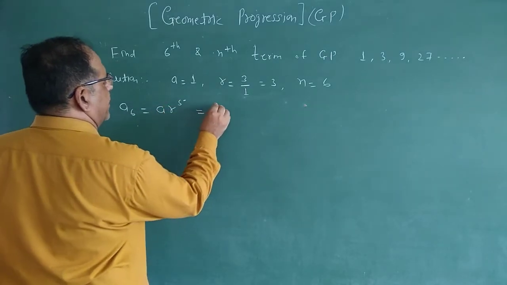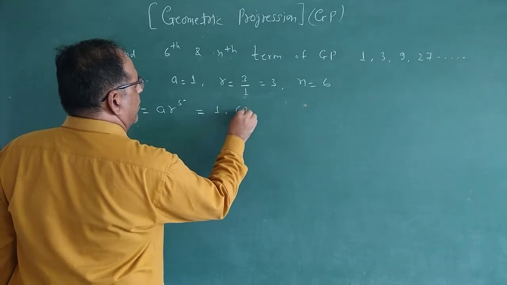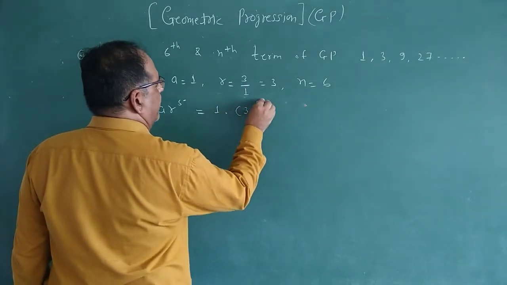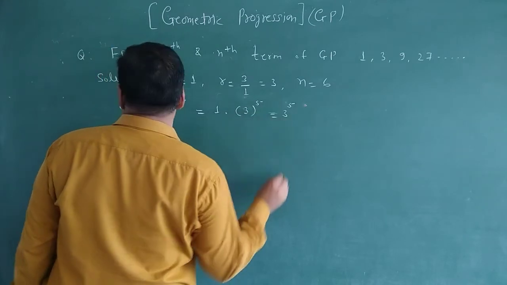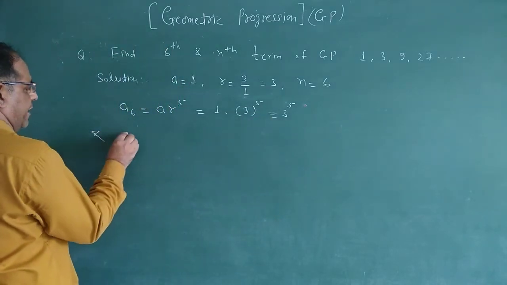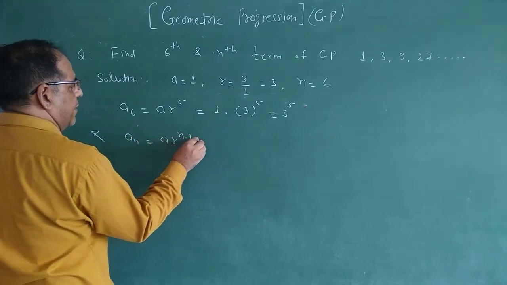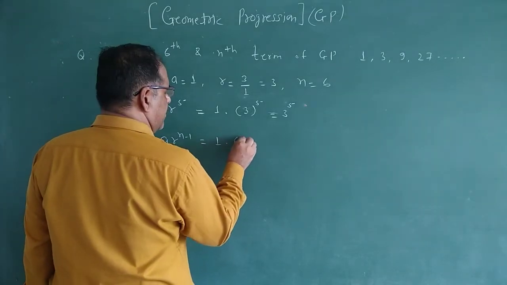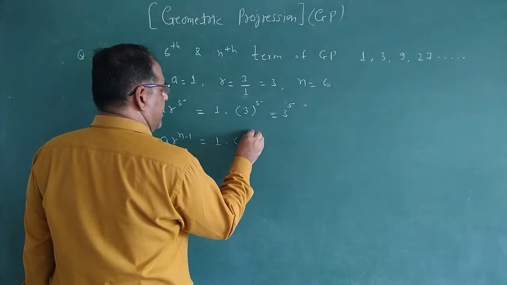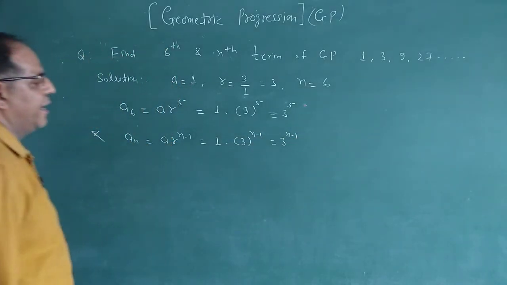Put the value of A as 1 and the value of R as 3, whole power 5, the final answer is 3 to the power 5. And AN, that means AR to the power n minus 1, 1 into R means 3 to the power n minus 1, so we have the answer 3 to the power n minus 1.